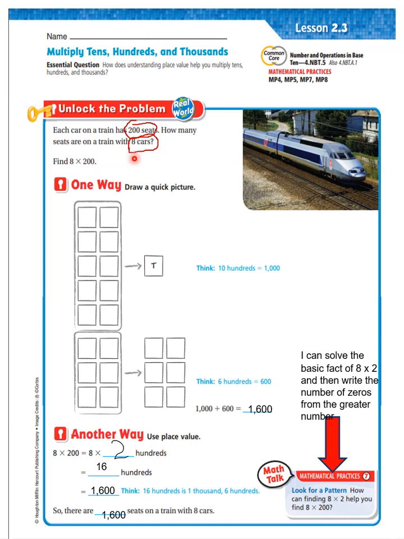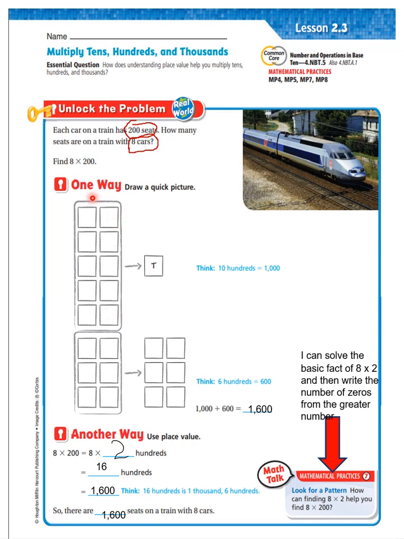So I want you to look at this model right here, this quick draw. And I want you to ask yourself, what do you think each square represents? Well, each square is 100.